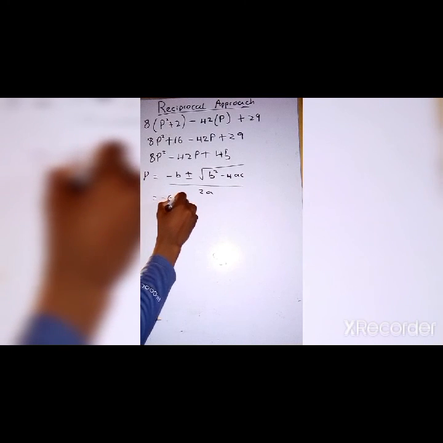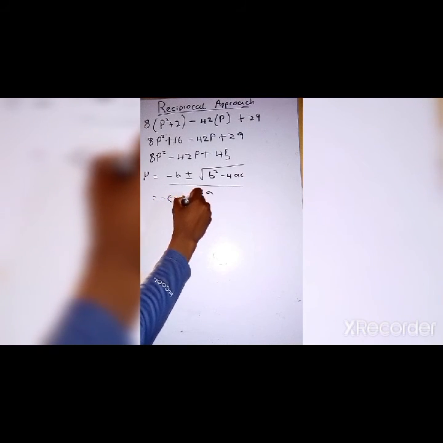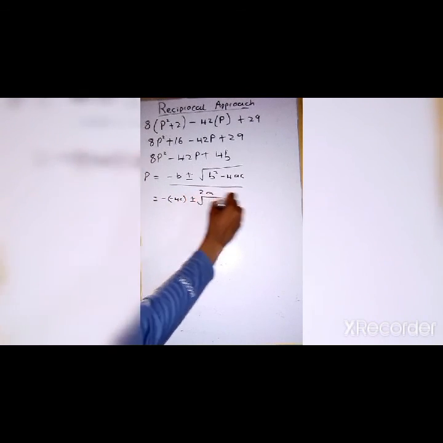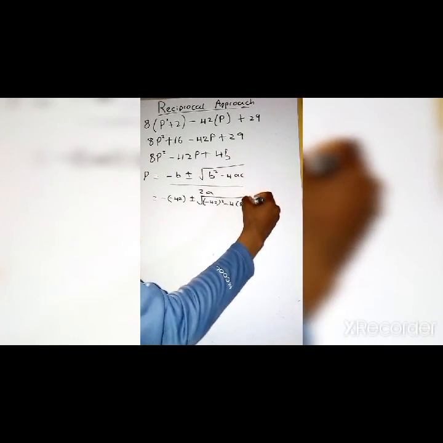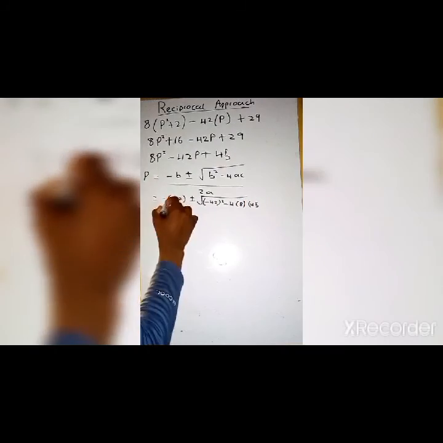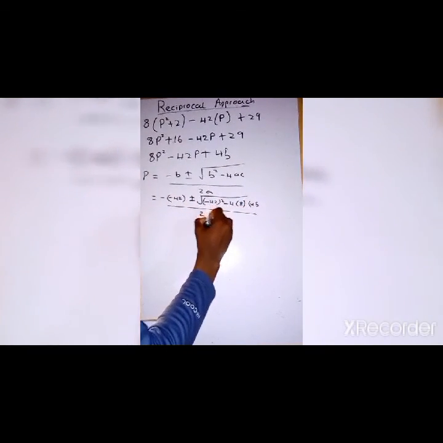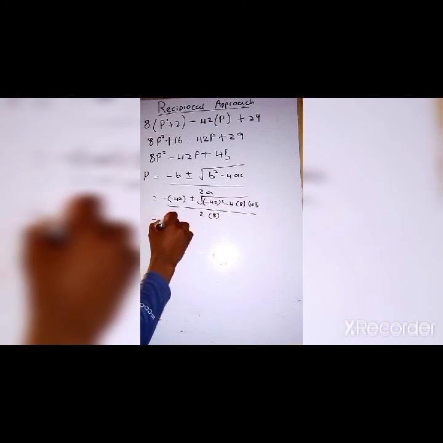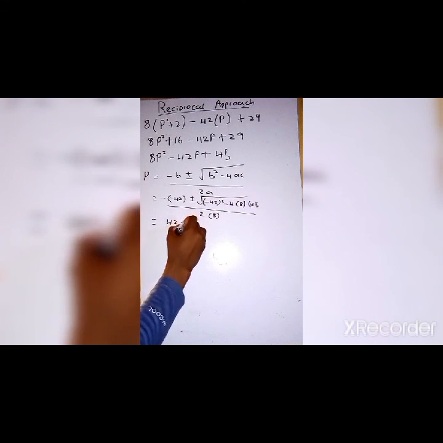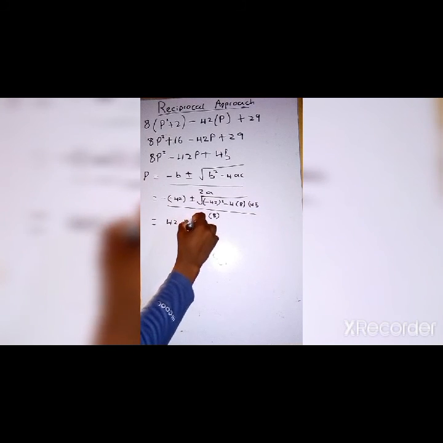Minus into bracket minus 42, close bracket, plus or minus square root of minus 42 squared minus 4 into bracket 8, which is my a, c, which is my 45, over 2 into bracket a.